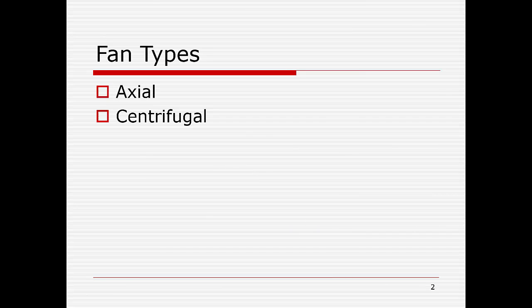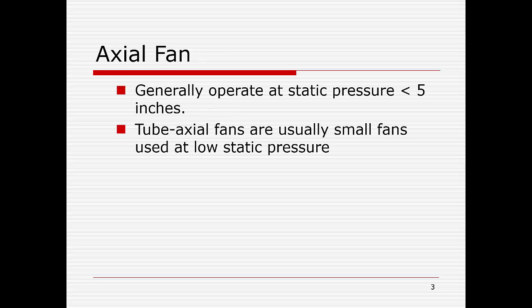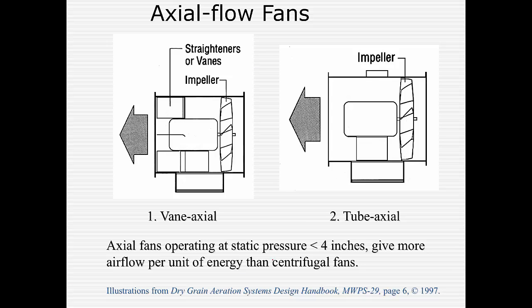Let's quickly review. There are two types, the axial fan and the centrifugal fan. The axial fan typically operates at a lower pressure and a higher Q. Here is the axial fan.